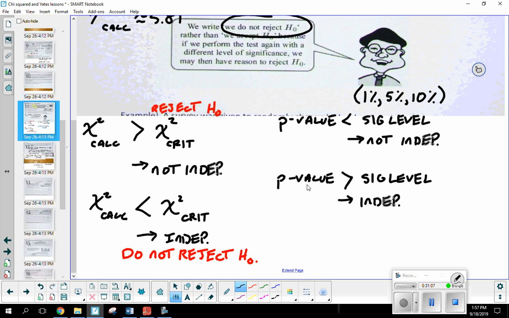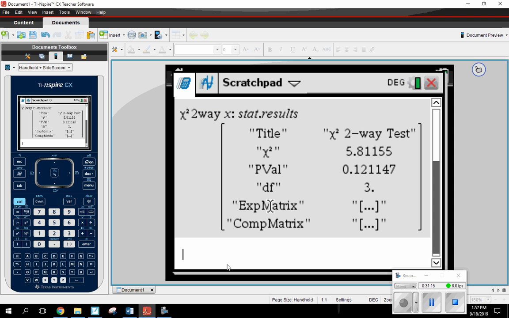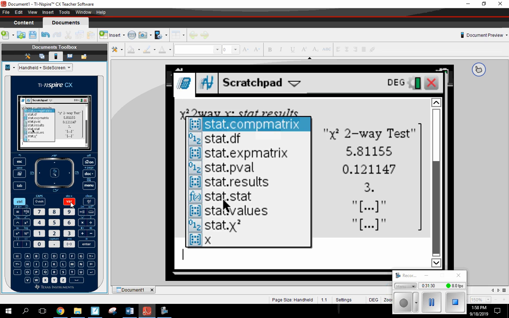The expected values. So here's what you want to do if you want to find the expected values. We're going to come back over here to the calculator. You notice this button right here that you pushed in order to store the matrix under a certain variable? You don't have to push control. If you want the expected values, go ahead and push that button, variables.